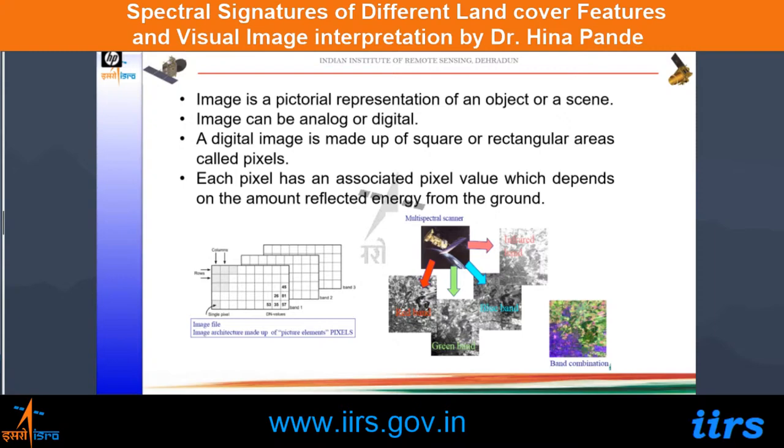Then finally, as human beings, we are used to seeing or visualizing only the visible wavelengths, that is violet, indigo, blue, green, yellow, orange, and red. This is the wavelength band that human eyes are sensitive to and are able to see through.